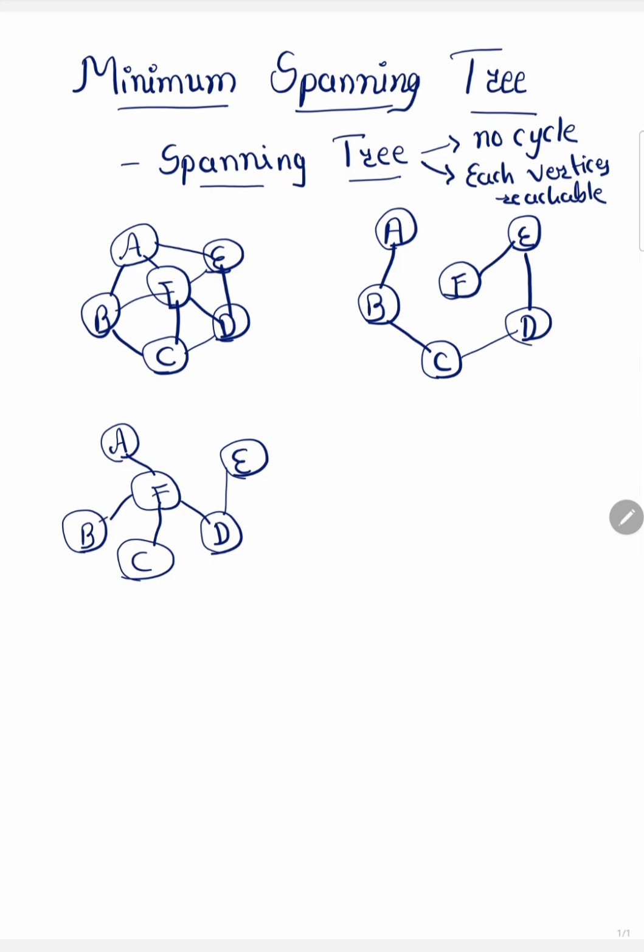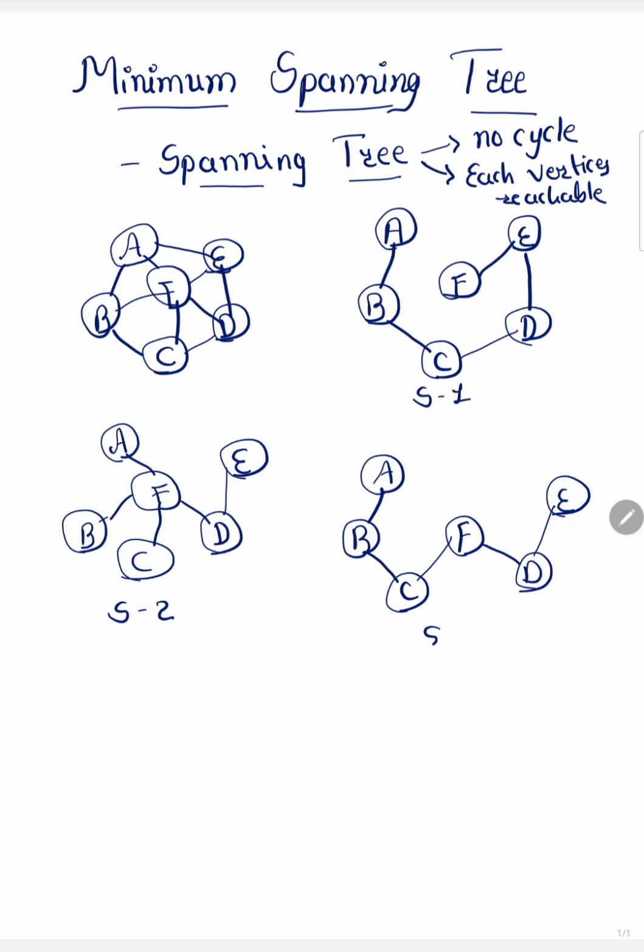This is spanning tree 1, this can be spanning tree 2, then I can have something like this as well. This is my third spanning tree, right? So there can be multiple spanning trees for a particular graph, right?